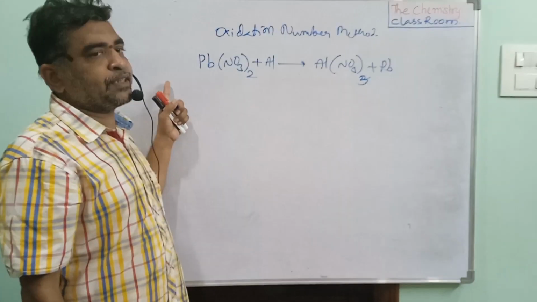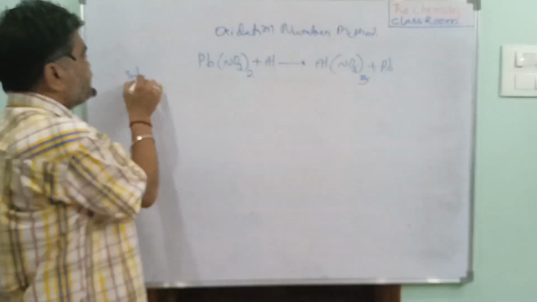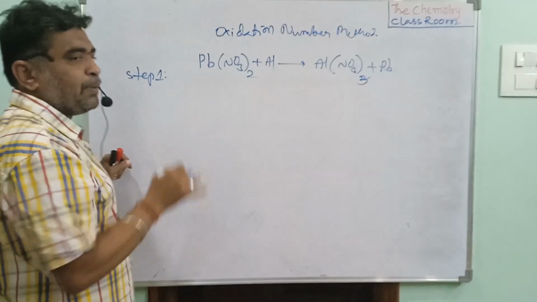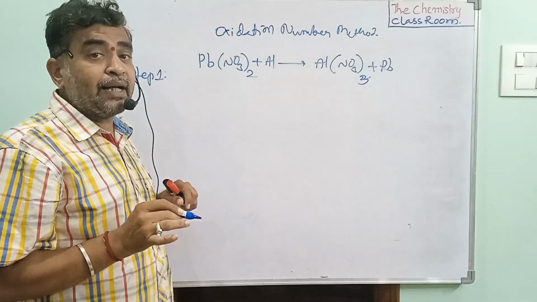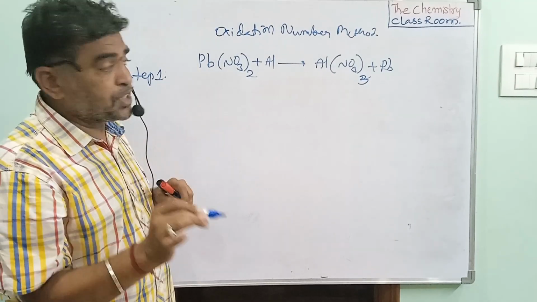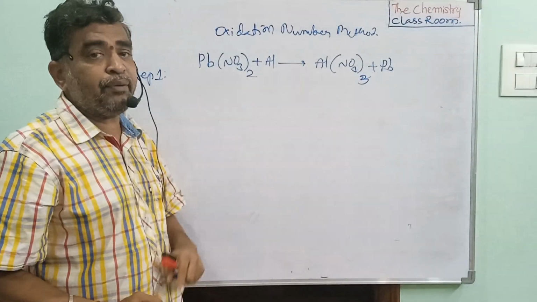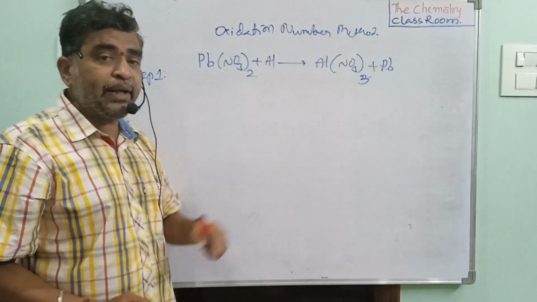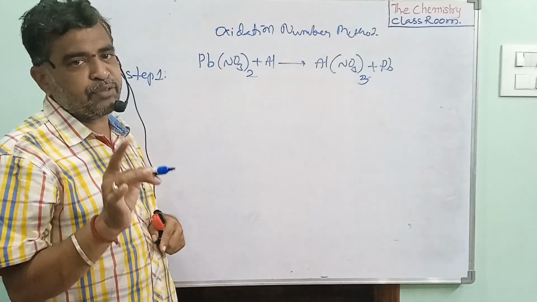Very first step, step 1, that is compulsory: we have to calculate the oxidation numbers of each and every element in the reaction.